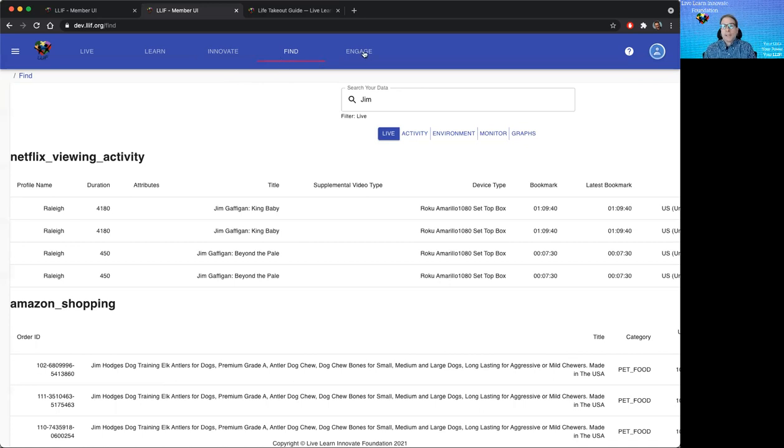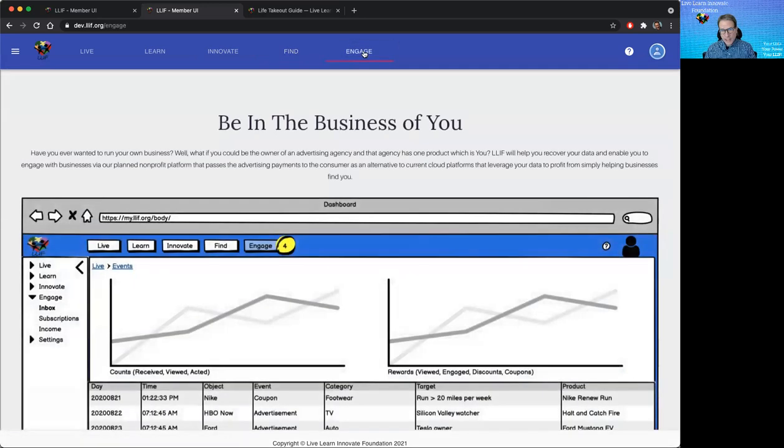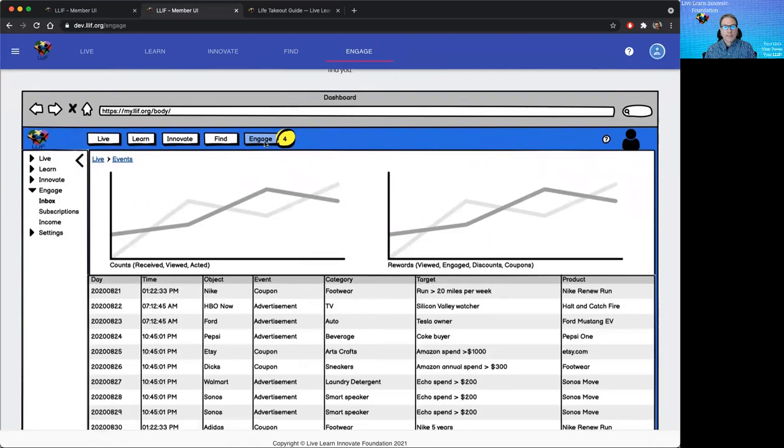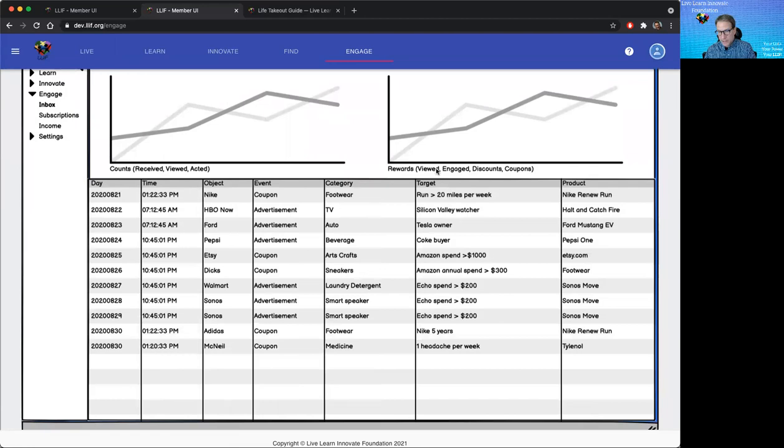And lastly, we have the Engage platform, which is under construction. We've got pieces of it ready, but it's engaging for you. So if you engage, you would get advertisements based on categories of interest and the search criteria.